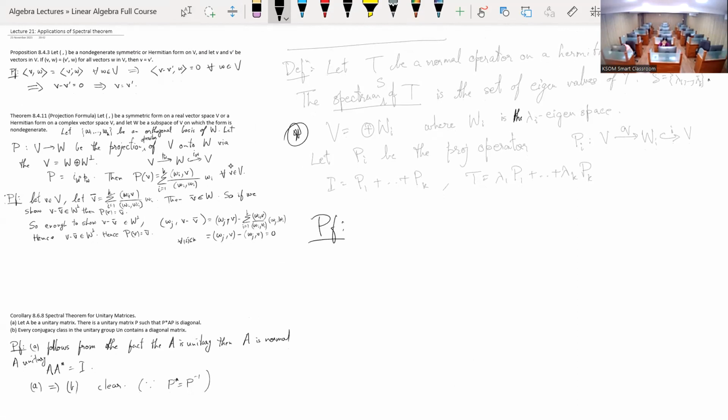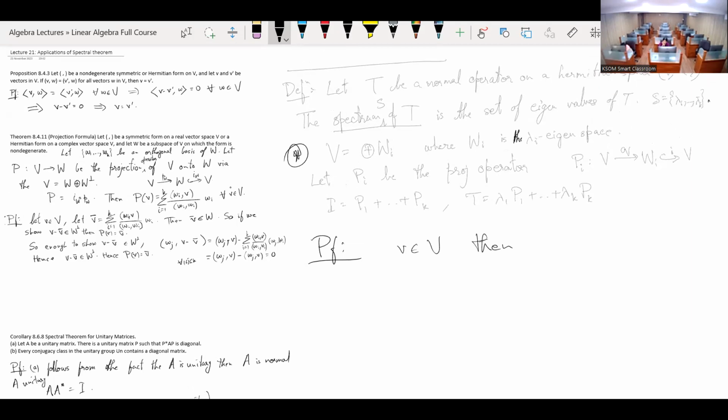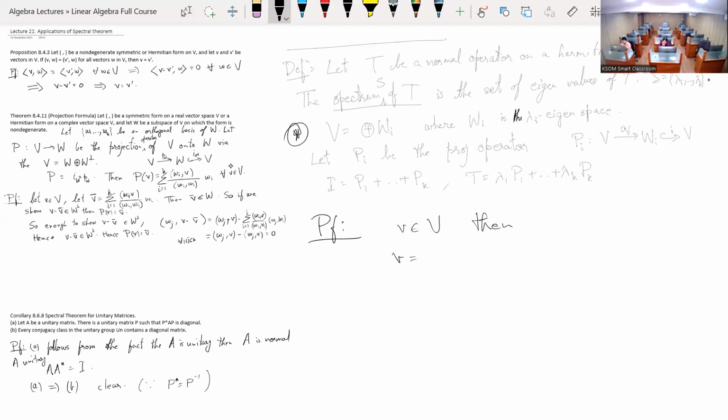So proof. Of course, the Pi are projections onto Wi. If v is in V, then since V is the direct sum, you can write v as w1 plus up to wk, where wi belongs to capital Wi.